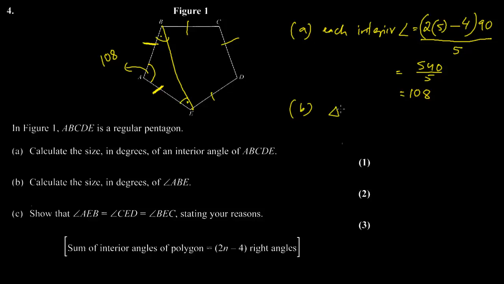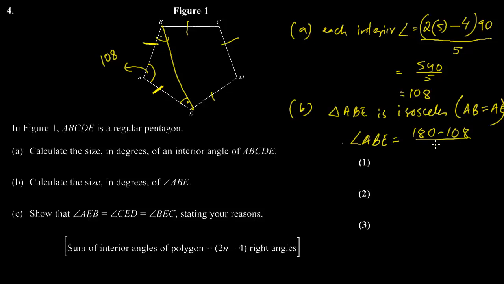So you can write triangle ABE is isosceles because AB equals AE. That means angle ABE equals 180 minus 108, divided by 2. So that makes each of the angles 36. So this is question number B.